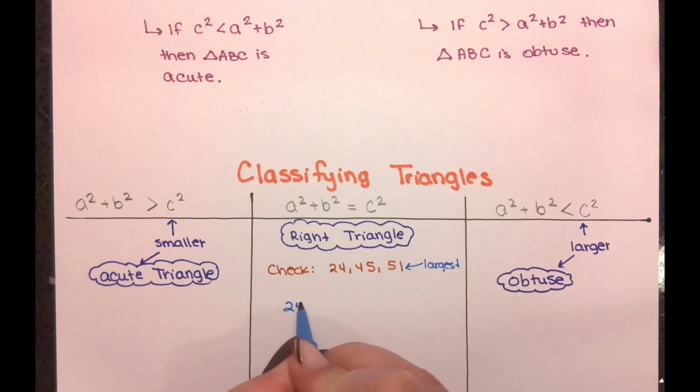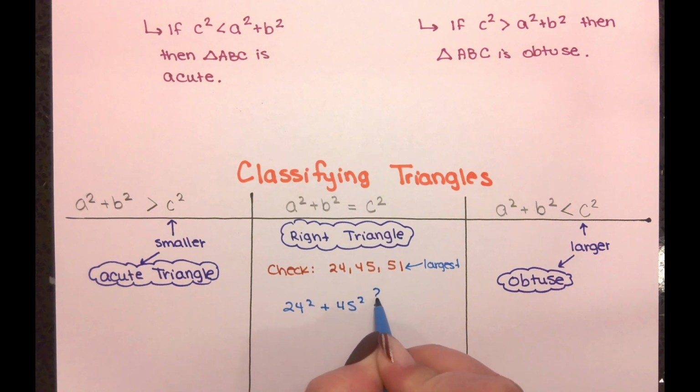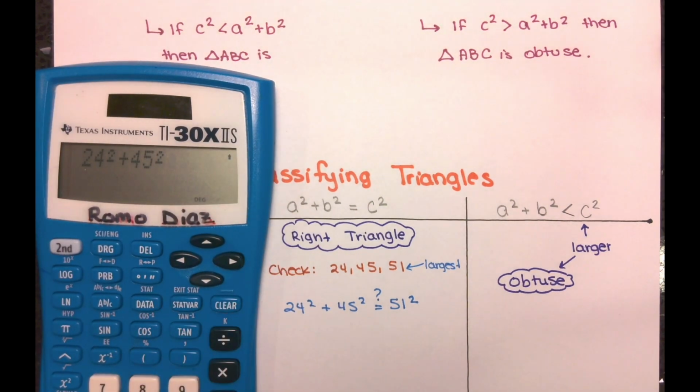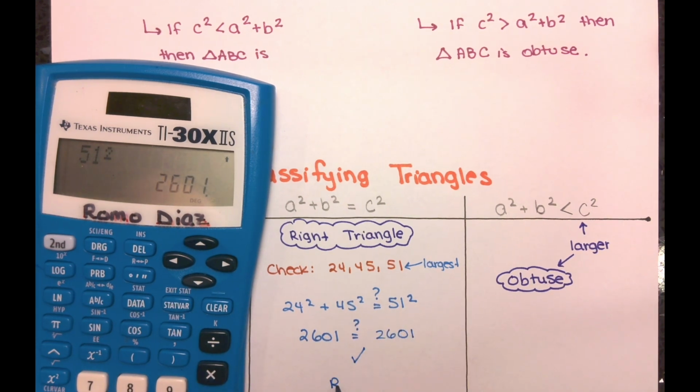So we have 24 squared plus 45 squared is maybe equal to 51 squared. We're checking, right? So we got 24 squared plus 45 squared, and I'm typing this in just like that. That gives me, ooh, large number, 2,601. 51 squared is 2,601. Therefore, yes, we have a right triangle.